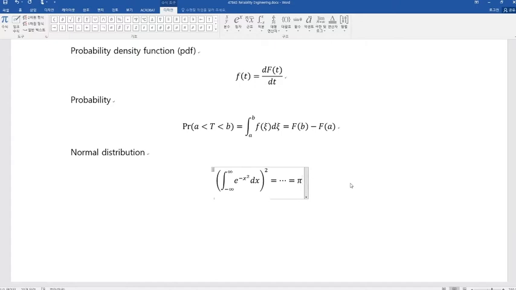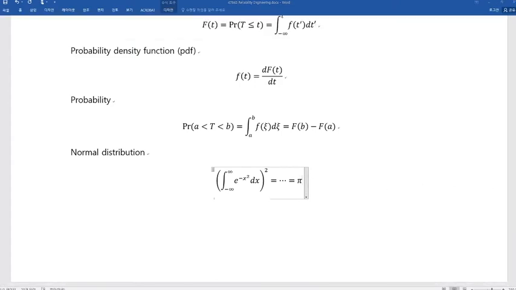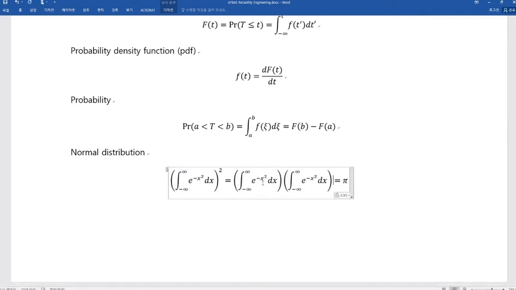It takes some time. It is not that difficult, but why don't you just give it a try? So instead of simply saying that the result is pi, let me explain how this can be derived.